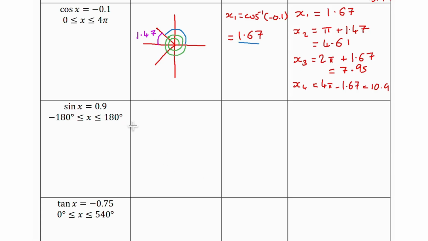Looking at the next one, sine of x is equal to 0.9 between minus 180 degrees and 180 degrees. I'm back into degrees, so I'm going to convert my calculator back into degrees mode first of all. And then I'm going to think about where are my answers. Sine of x is positive in quadrants 1 and 2.